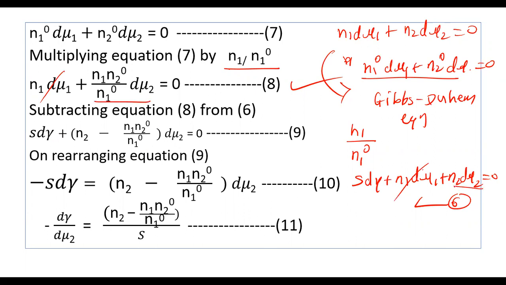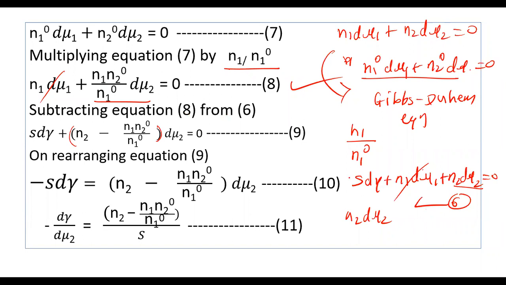N2 into d mu2, minus, subtracting equation 8, the other term, N1 into N20 divided by N10. Let us do the subtraction: we get N2 minus N1 into N20 divided by N10, into d mu2. Taking d mu2 out of the bracket, it becomes equal to 0. This is the result of subtracting equation 8 from equation 6.